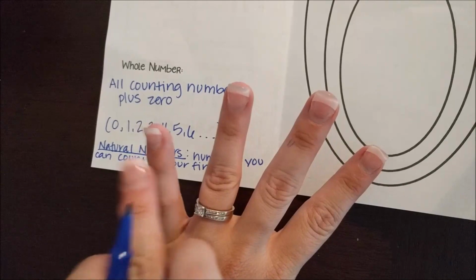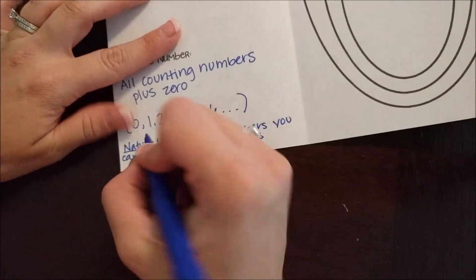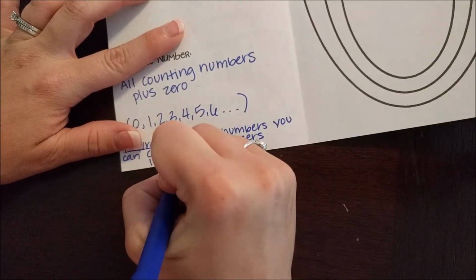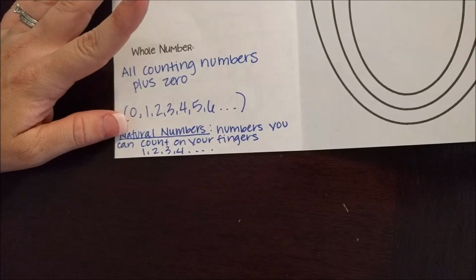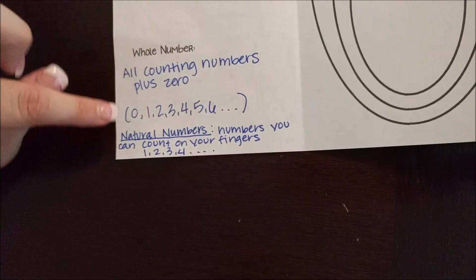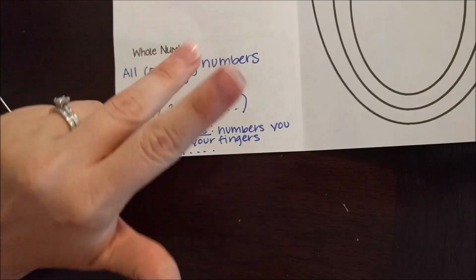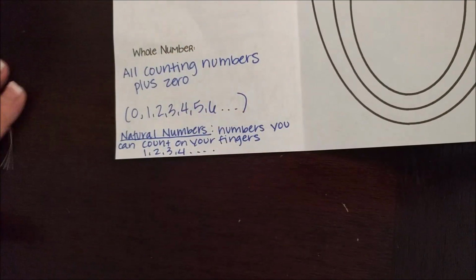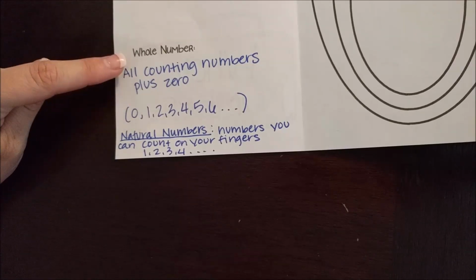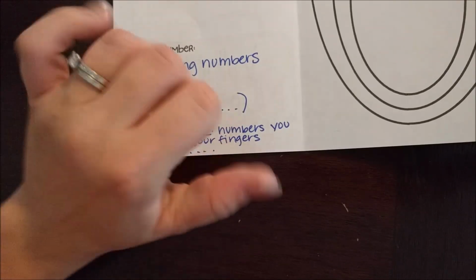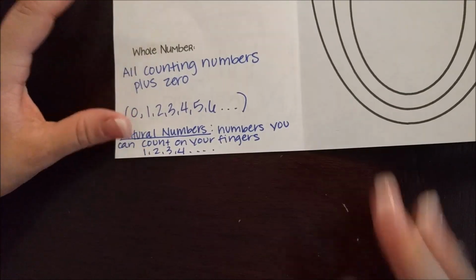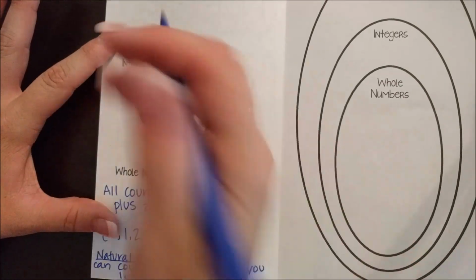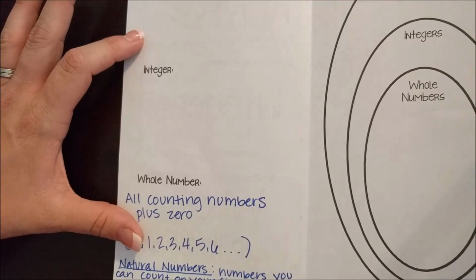No, you start with 1. 1, 2, 3, 4, and so on. So you've got natural numbers, also called counting numbers. Then you've got whole numbers, which are all your natural numbers plus 0. Then we have integers, and we learned about integers already.